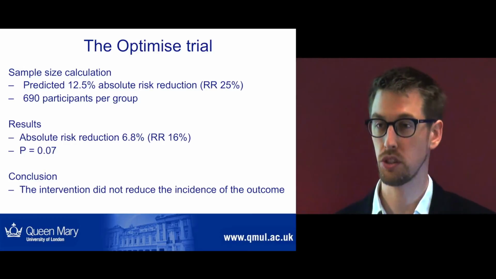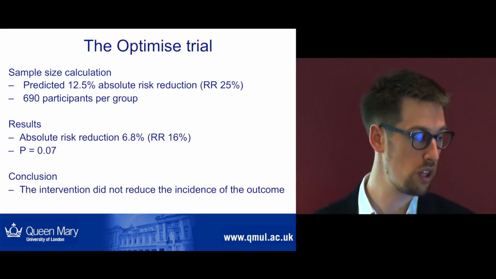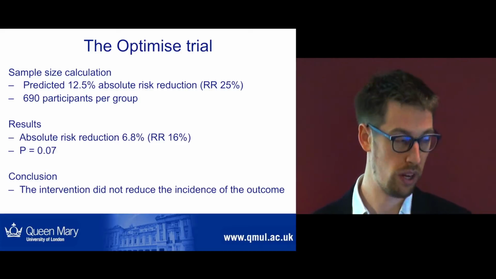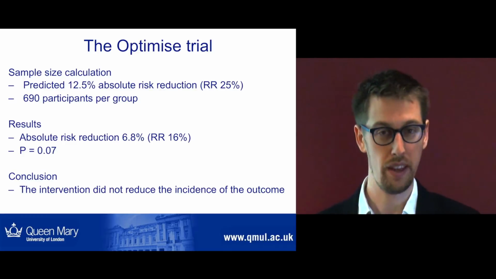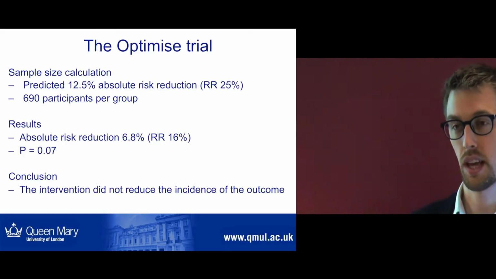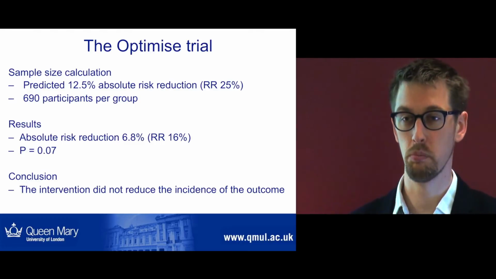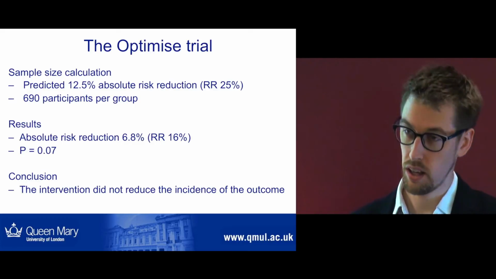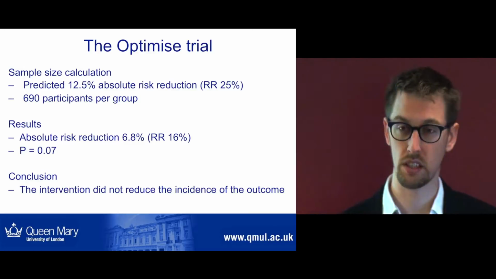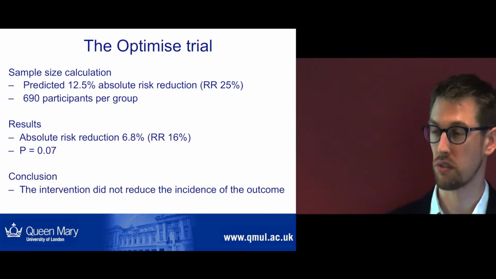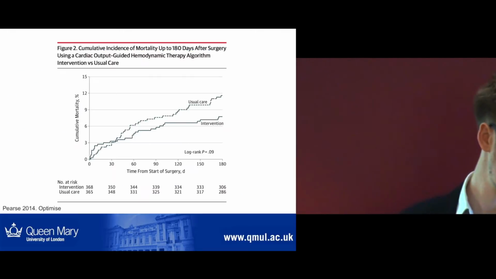But when they came to do the study, they found that their relative risk reduction was only 16%, or an absolute reduction in risk of 6.8%. And that meant that when they came to do their prospectively planned statistical analysis, their p-value marginally missed the 5% threshold of 0.05. The conclusion was that the intervention did not reduce the incidence of the outcome. I'll ask you what you think about that in a minute.